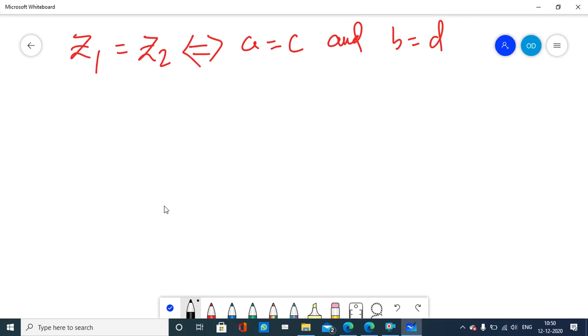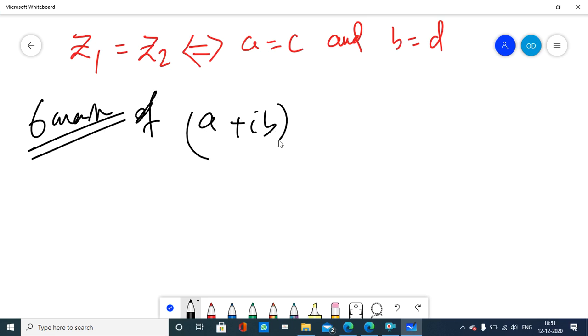Okay. So using this concept of equality between two complex numbers, we'll do this question. This is a 6-mark question. Pay very close attention.